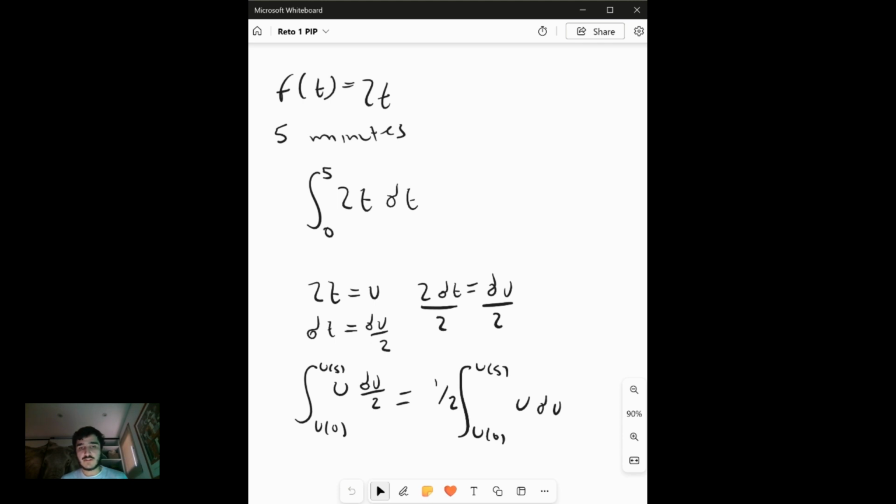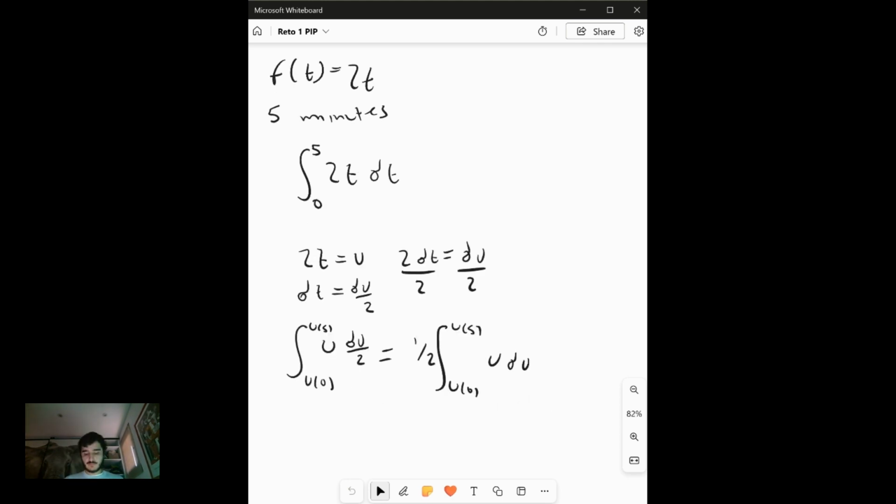And now we can solve this integral with what we know from antiderivatives. So we know that the antiderivative of u to the n is going to be u to the n plus 1 over n plus 1. So we can rewrite that as 1/2 times u squared over 2, right?